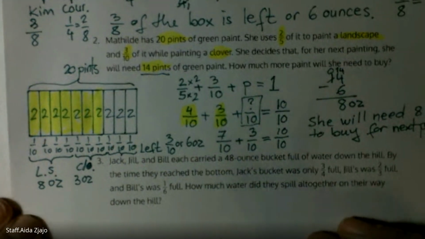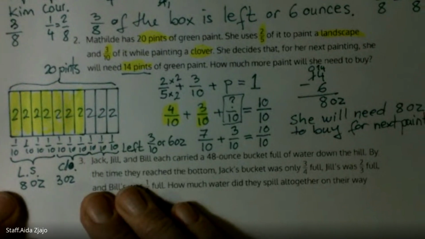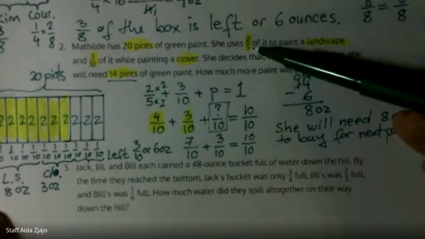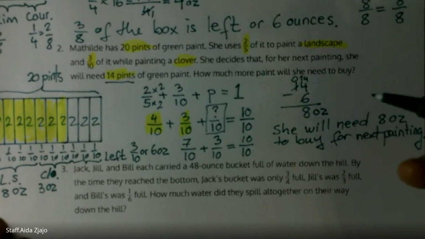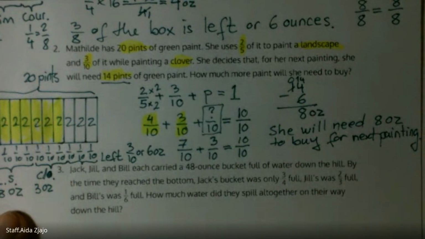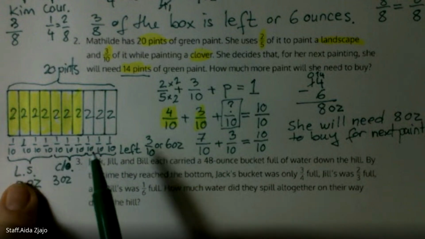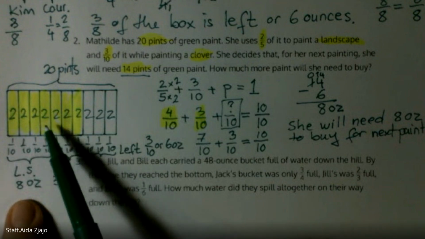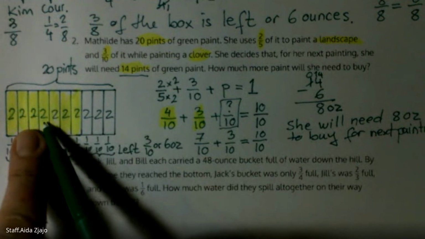Okay, that's one way of showing the picture, but there also you can do it mathematically. You can say what is 2/5 of 20, what is 3/10 of 20. But just on a picture without counting, you can see that 2/5 are 4/10. So 1, 2, 3, 4. 4/10 is 2, 4, 6, 8.